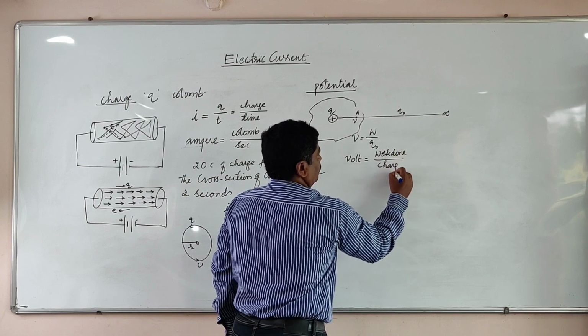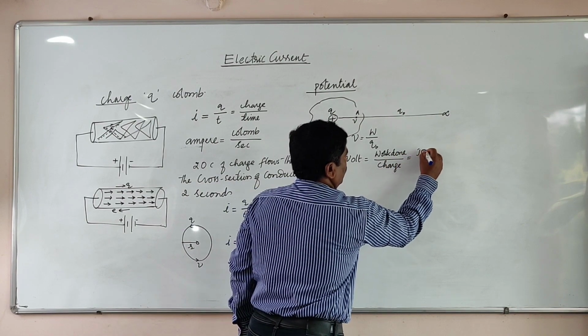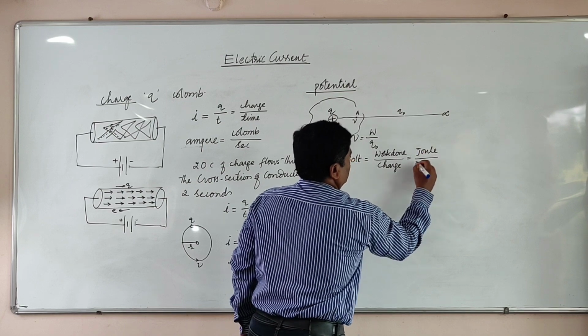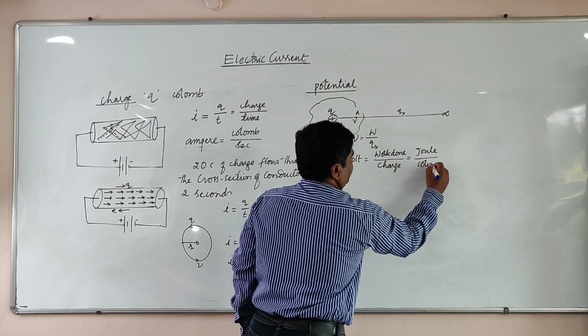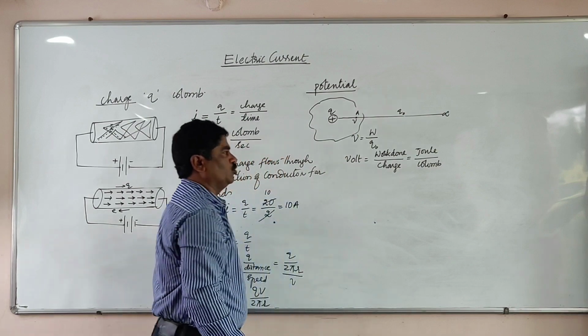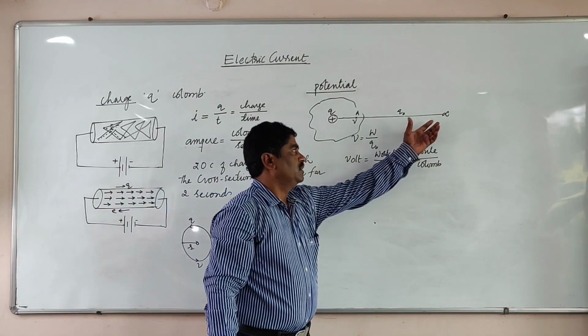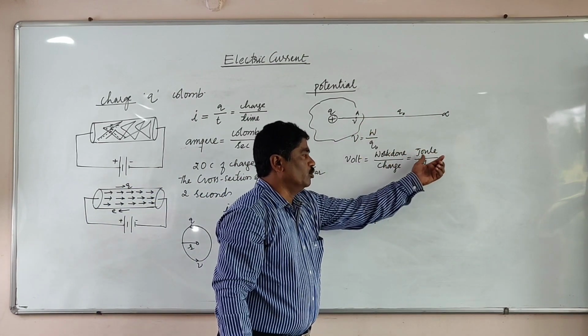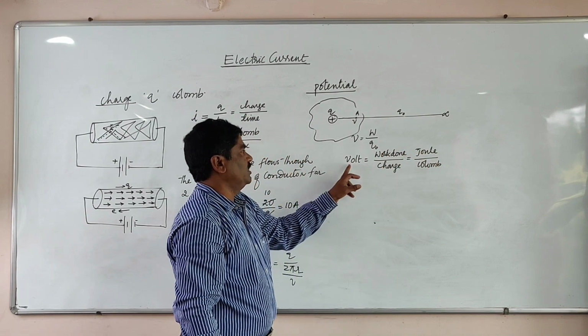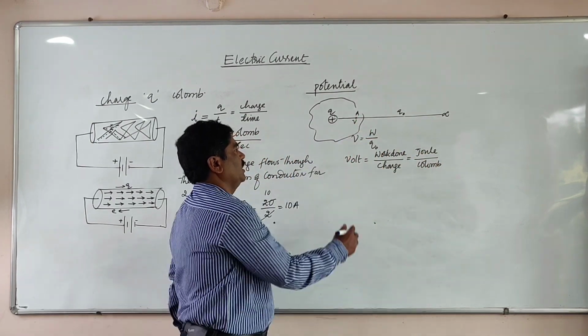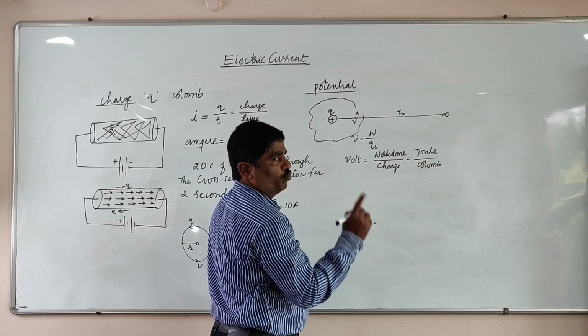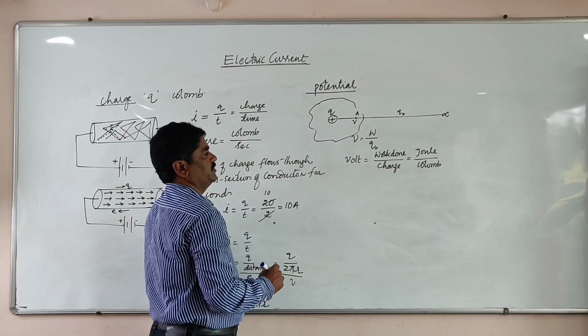The unit of potential is the volt. Volt is work done per charge, where the unit of work done is joule and the unit of charge is coulomb. So when 1 coulomb of charge is moved by doing 1 joule of work, the point is said to have 1 volt of potential.